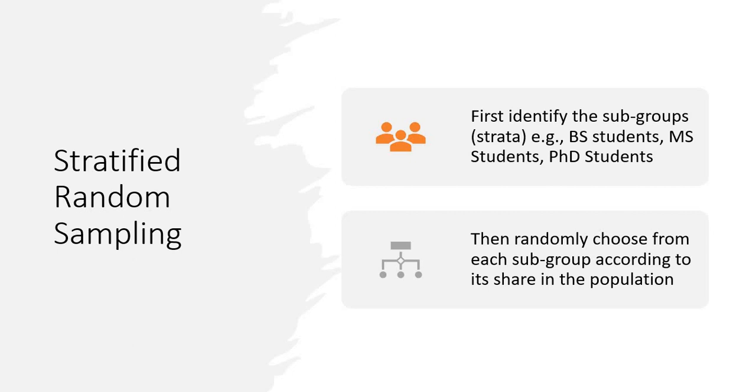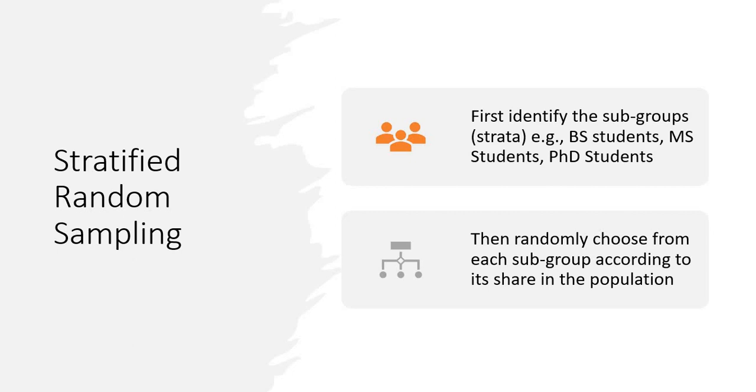So we first decide our strata and then randomly choose from each subgroup according to its share in the population. Suppose BS students are the 80% of the students in the university. So out of a sample of 1000, we are going to select 800 students from BS programs. This is called stratified random sampling.